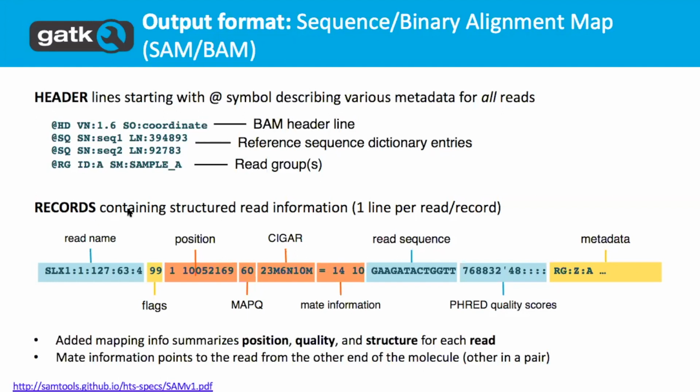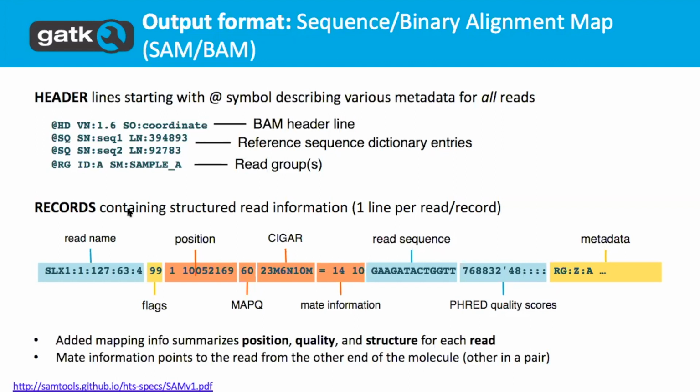In your records that are unique to each read, you have the read name, which gives you essentially the sample name, the flow cell information, and the lane information. Then you have flags. This is essentially binary information about the orientation of your read and its pair, and whether it's aligned to the forward or the reverse strand. All that information is given in the flag. Then you have the read position information, the mapping quality, and the CIGAR string.